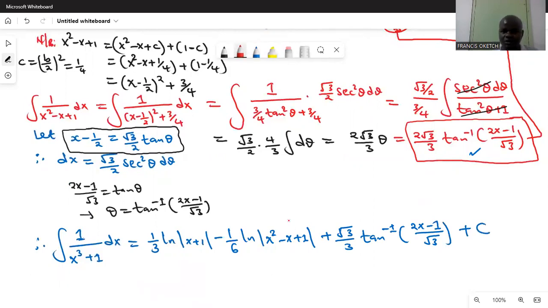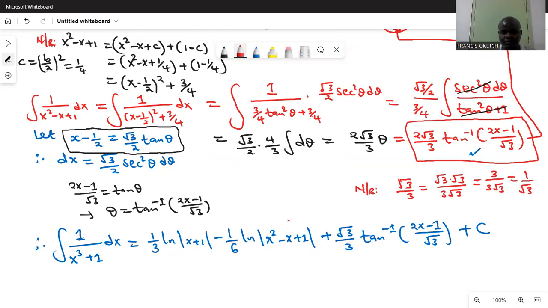And you also need to take note that root 3 over 3 can also be written as, if I multiply both numerator and denominator by root 3, I am going to get 3 over 3 root 3, since root 3 times root 3 is the same as 3, which you can write as 1 over root 3.